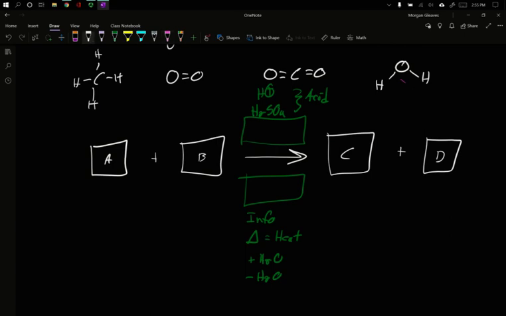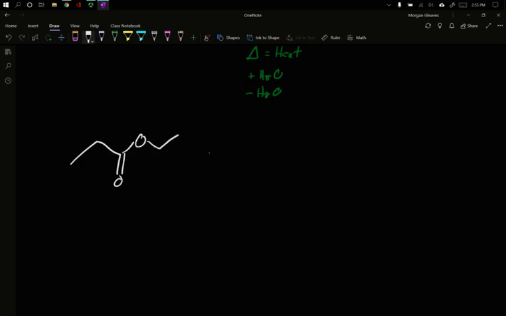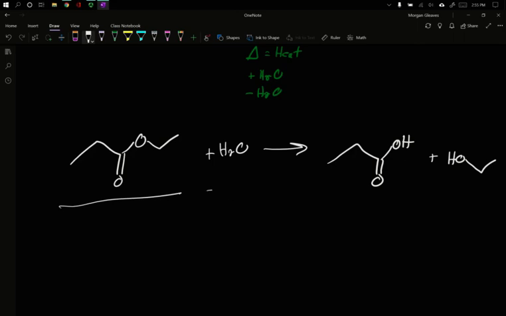An example that we'll see more of when we get into the functional groups might be an ester. An ester plus water will break apart and form a carboxylic acid and an alcohol. And so you could draw this reaction as the ester molecule, the thing it's reacting with, water, and the two products that we make.